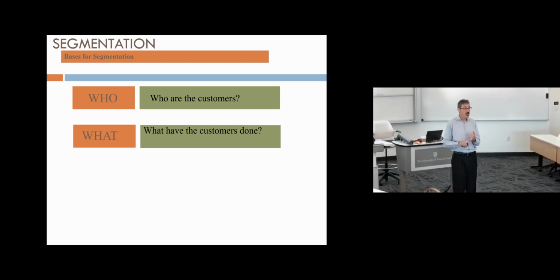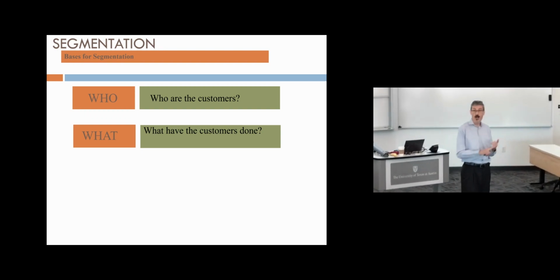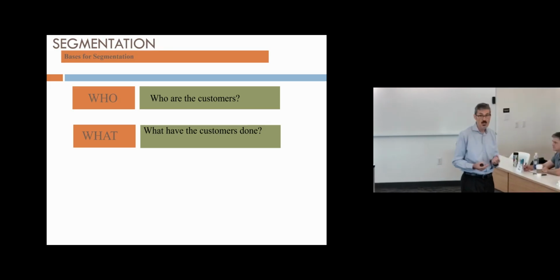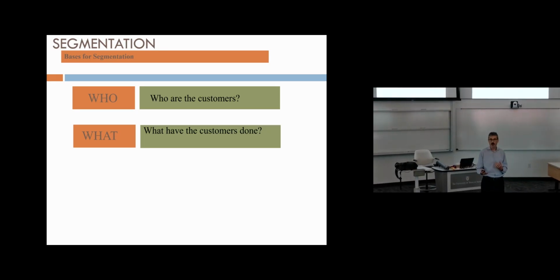Have they purchased in my products, in the product category, or not? And then you can see why for cruises this might be important. There are the people who have been on cruises before versus the people who have never been on a cruise.